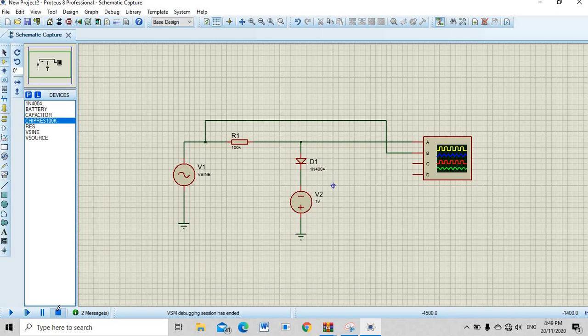Stop the simulation and we move to the next circuit, figure 2.5. We change the direction of the diode only, while the direction of the voltage source remains the same.